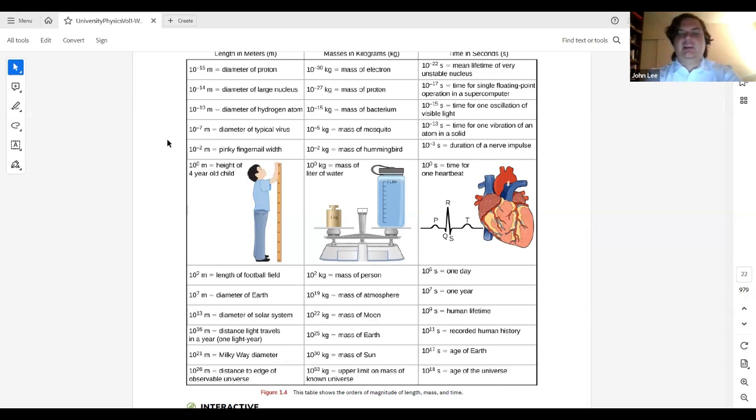It's going to be like 10 to the 18th times the time of 1 heartbeat is going to be the age of the universe. So that is why we have to talk about scientific notation and orders of magnitude, because we are talking about these things that have massive orders of magnitude between them.